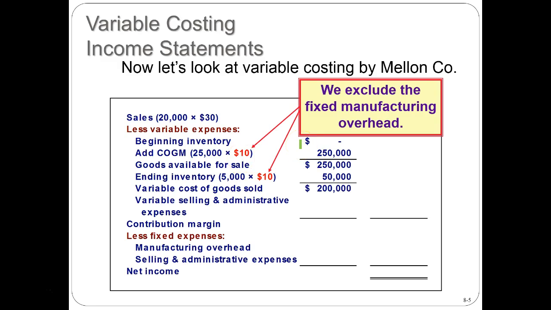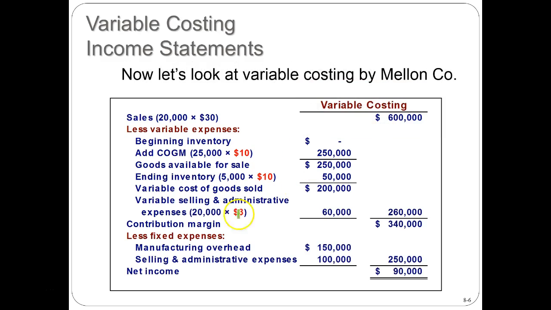So then we have the zero beginning inventory, calculating cost of goods sold, which is beginning inventory, plus cost of goods manufactured, 250, gives us the cost of goods available for sale. Then we're going to subtract out ending inventory, the amount that is still there at the end, which in this case happens to be 5,000. And we're going to multiply the 5,000 times that 10, gives us the 50. The 250 minus the 50 gives us the variable cost of goods sold, 200.